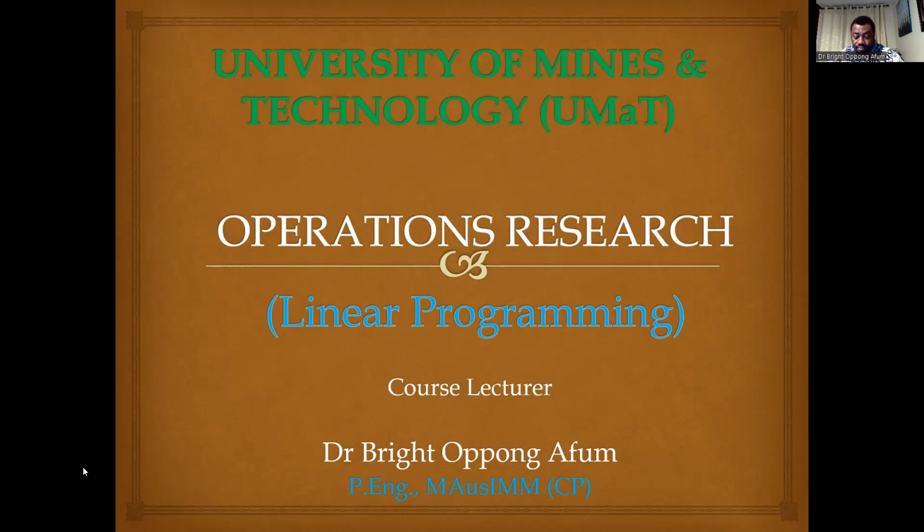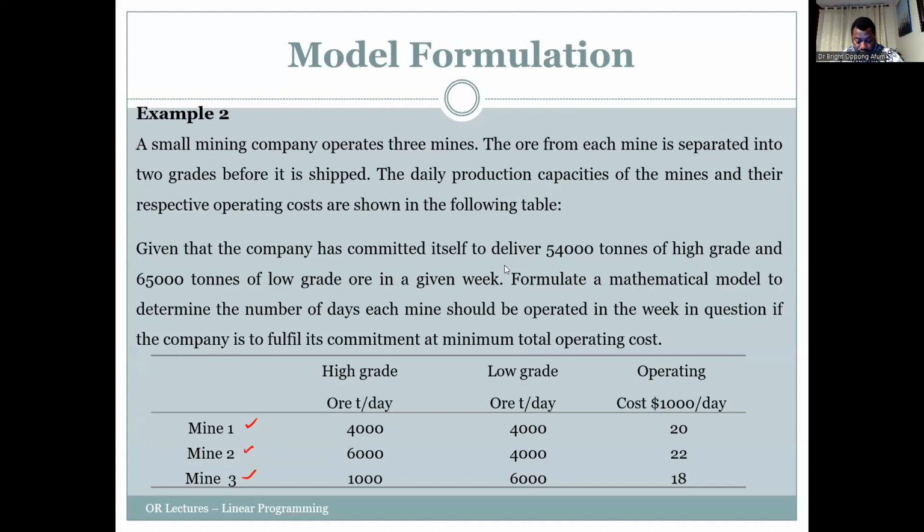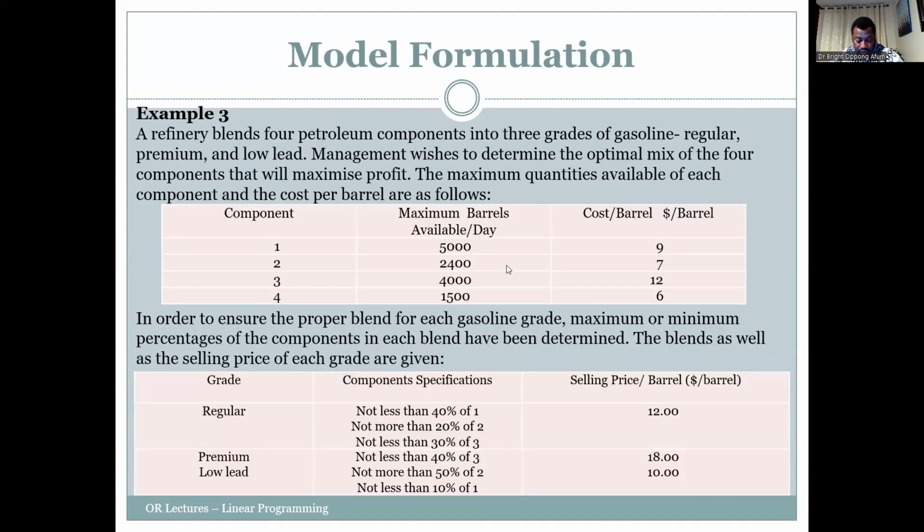So let's go to the example that we are on for this lecture. In this case, it says that a refinery blends 4 petroleum components into 3 grades.